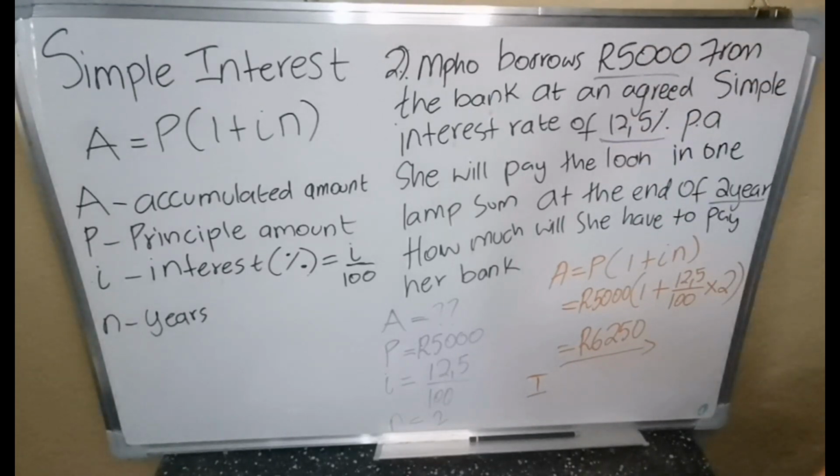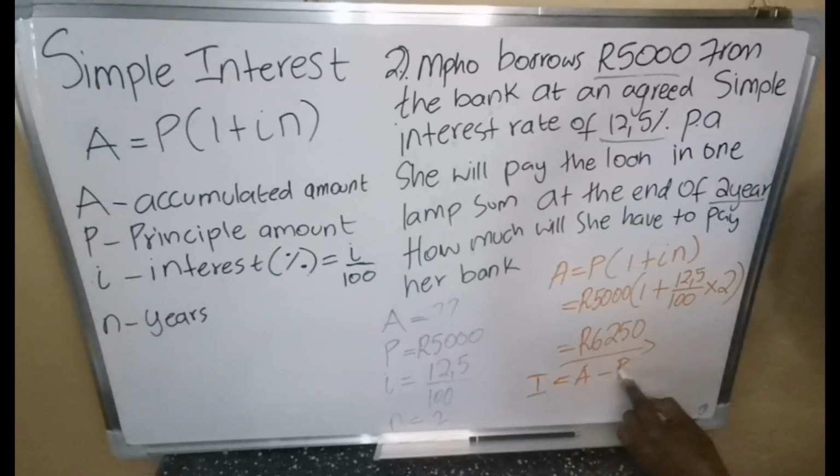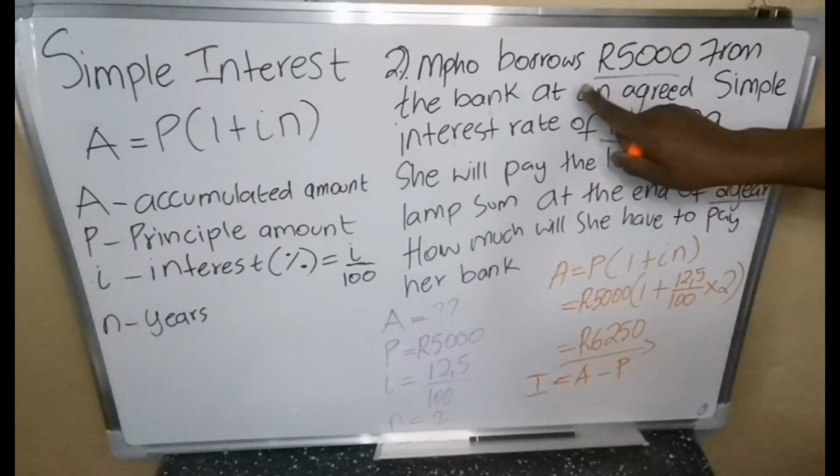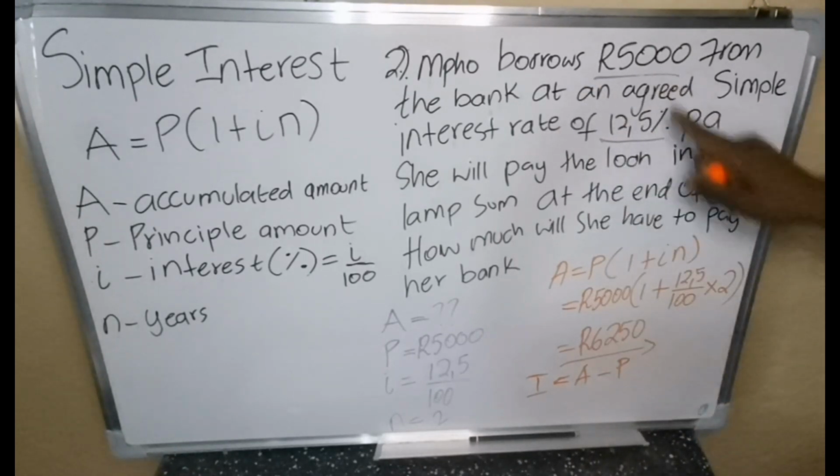So to find the interest after 2 years, you're going to say I equals A minus P. A for accumulated amount, which is 6,250, minus the principal amount, which is 5,000.